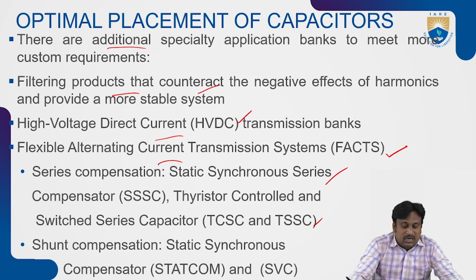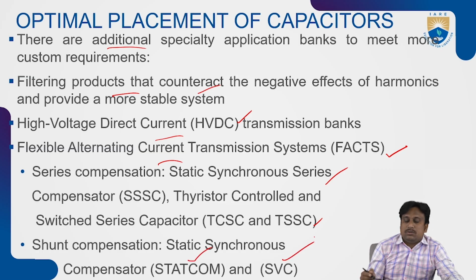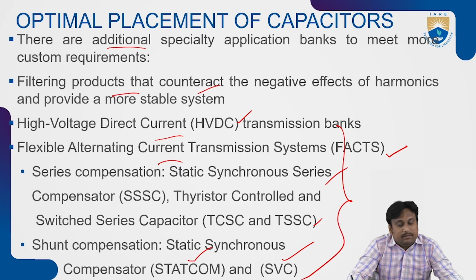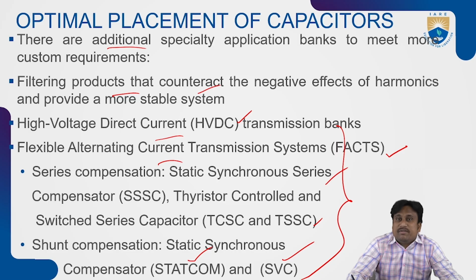And finally, shunt compensation methods, static synchronous compensators, we will simply say STATCOMs, and also SVC cases. All these combinations are typically treated as filtering products that are ready to counteract the negative effects of the harmonics. They are ready to nullify the loss coefficients, and are treated as more stable operating systems.